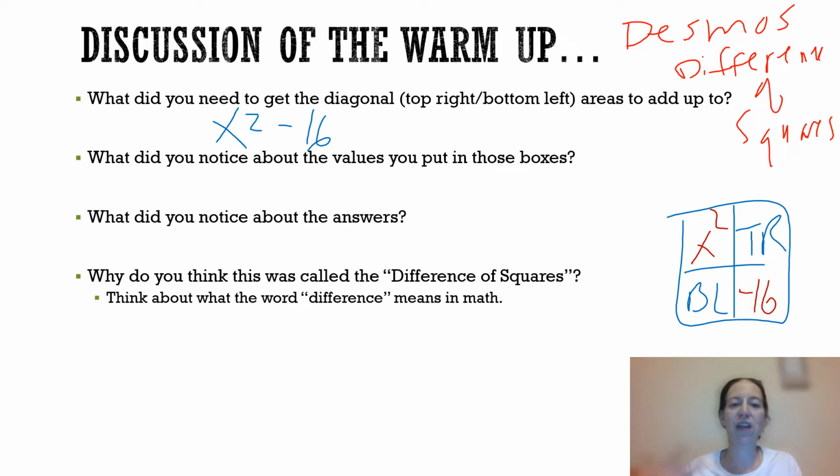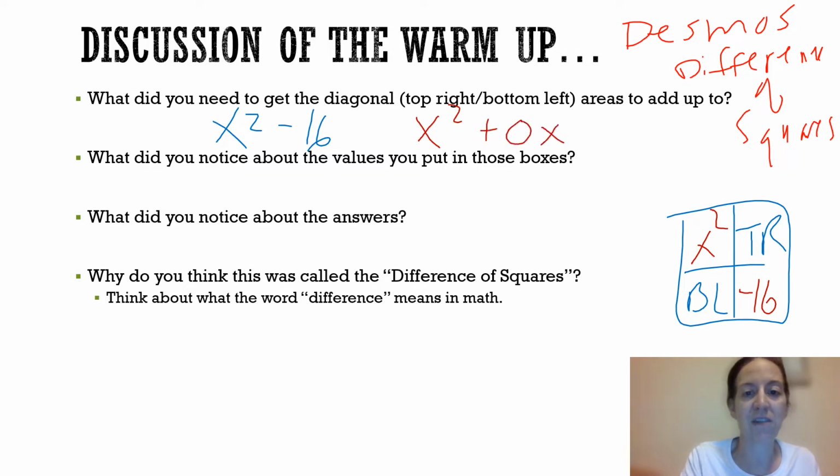So the question I'm trying to get you to notice is, what would it have to be if there's nothing there? Hopefully you came up with this: if there are no x's there, then no x's would translate into 0 x's.